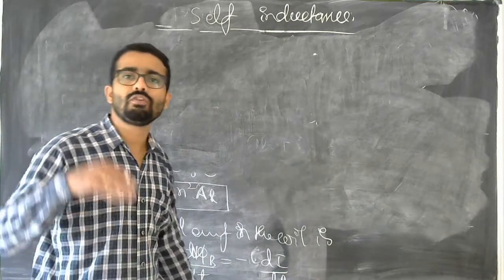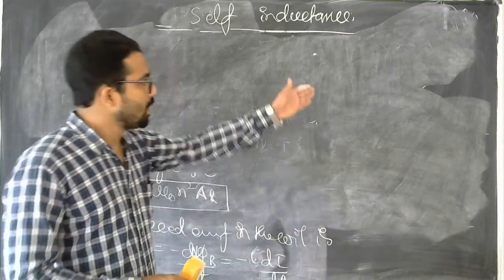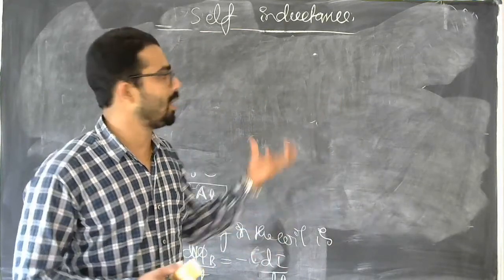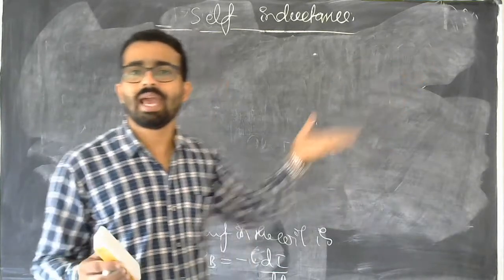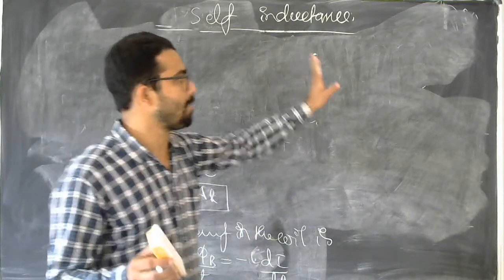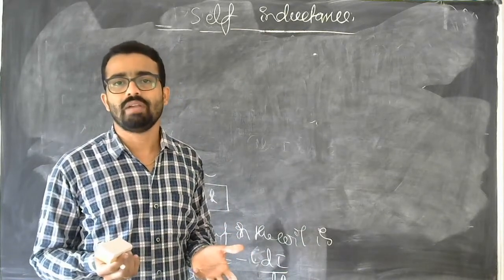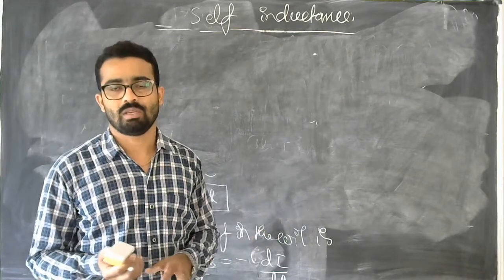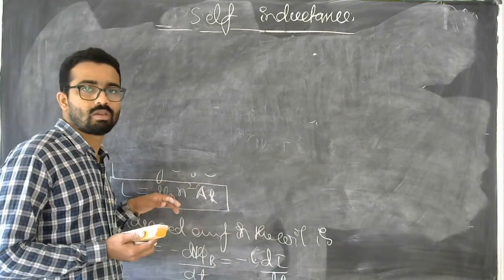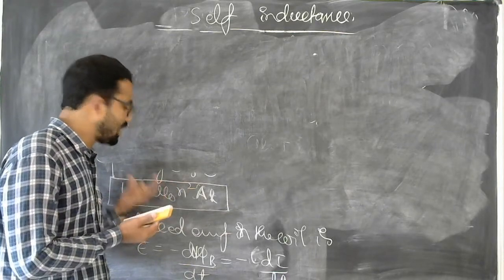For example, in the derivation of self-inductance, we have taken one coil, and in between the coil there were air molecules. As an example, if that coil is placed in water, what is the medium then? Now it is water instead of air. So in that case we are not able to write the value of mu naught there. So there will be some alteration to this equation.